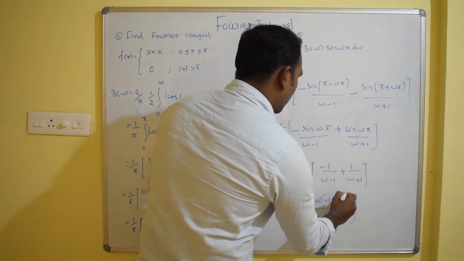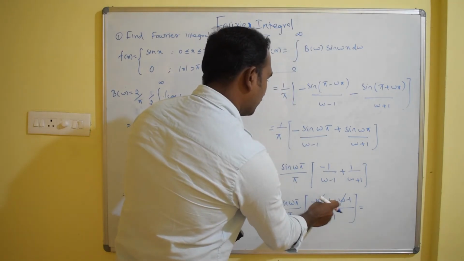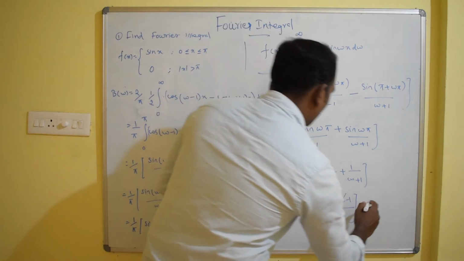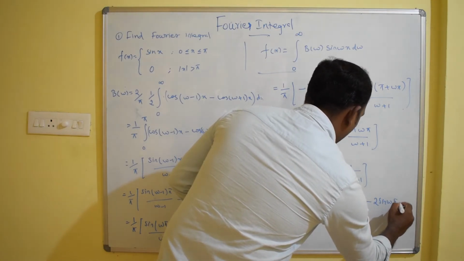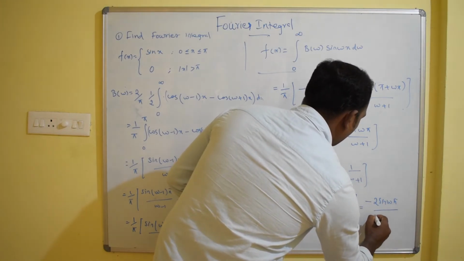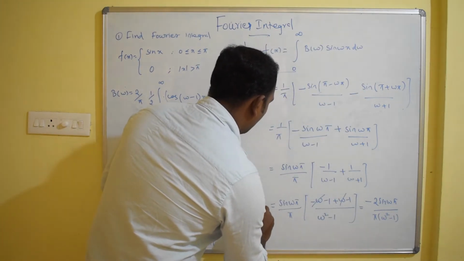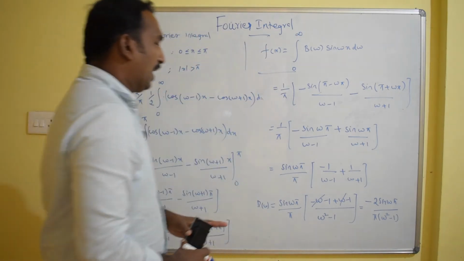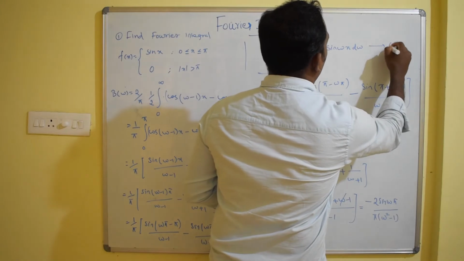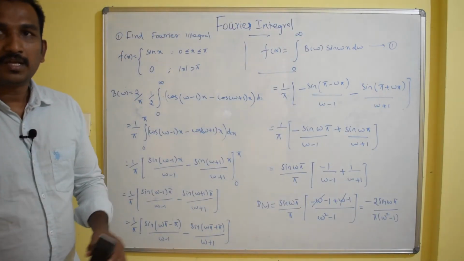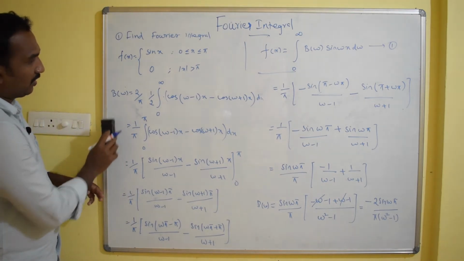So minus omega plus omega will get cancelled, and here minus 1 minus 1, so minus 2 sin omega pi divided by pi times (omega square minus 1). So this is the B of omega value, correct? And substitute this B of omega in the first equation, because that will give the Fourier sine integration, right?